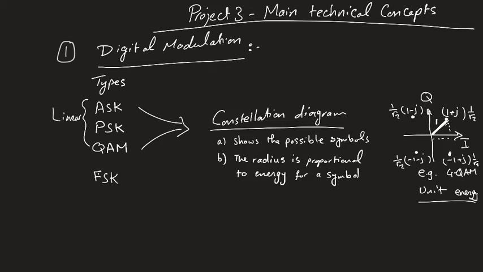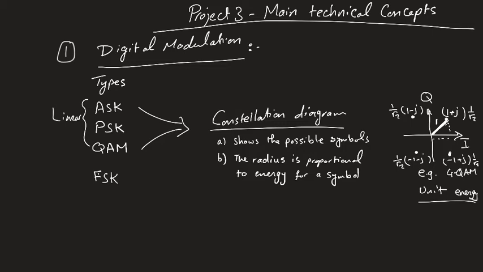Now, if the energy put into the transmission is more than a unit, then this constellation diagram will have a bigger radius. And if it's less than a unit, it's going to have a smaller radius.